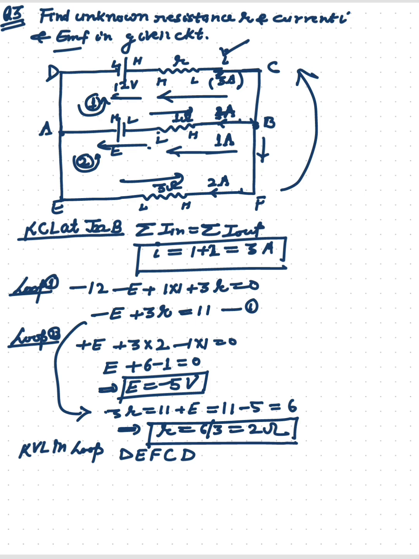okay, directly. So this is a 12 volt we are traversing here, high to low. So this will be minus 12 plus, come here, leave this branch, 2 into 3 we are traversing low to high. So this will be 3 into 2, okay. And then here also we are going low to high.